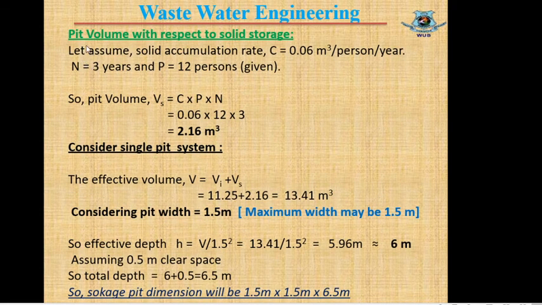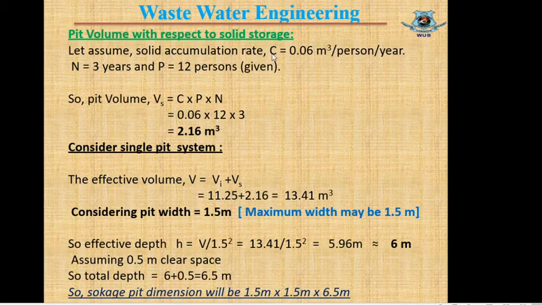Now we need to calculate the solid storage zone, or the volume for solid storage. It can be calculated using the equation V_s equals C times P times N. All the data has been stated in the question, and we have just picked the data here.